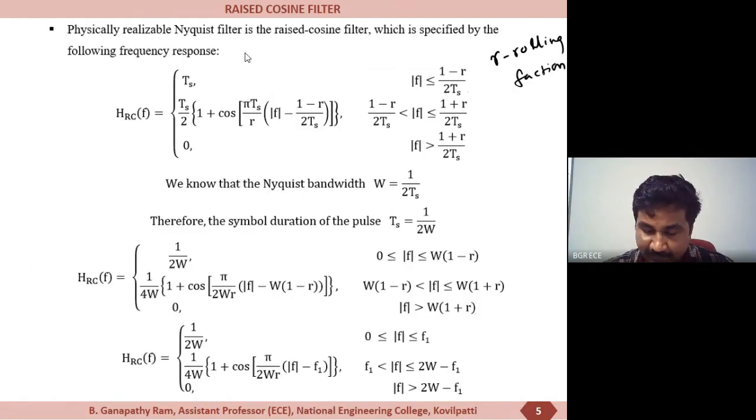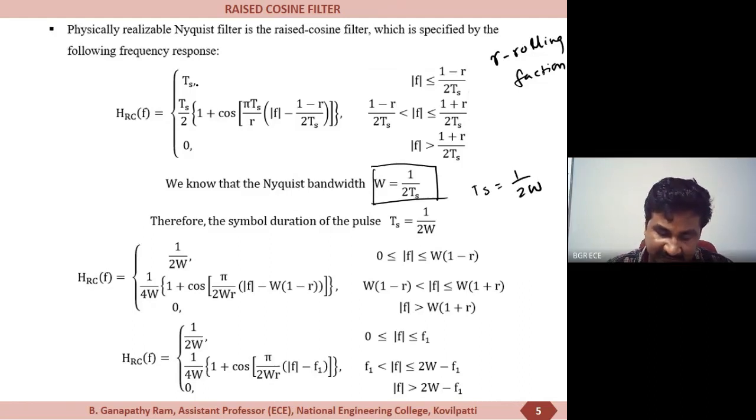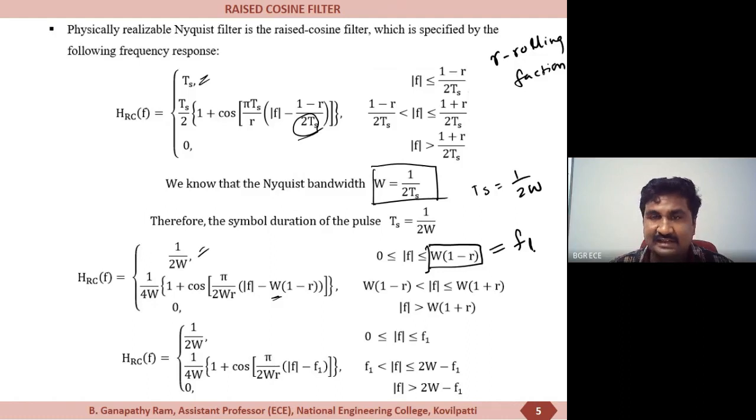Here we can represent 1 by 2Ts as W, that is the Nyquist bandwidth. By this we can replace Ts by 1 divided by 2W, and 1 by 2Ts will be replaced by W, so we can write like this. And now W into 1 minus R is represented as the cutoff frequency F1.